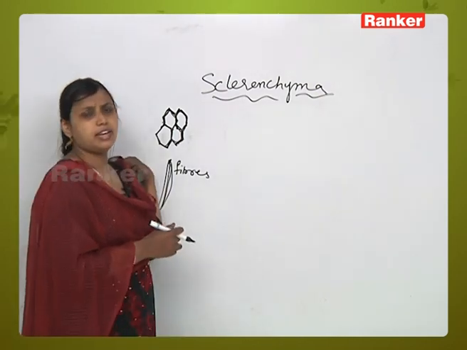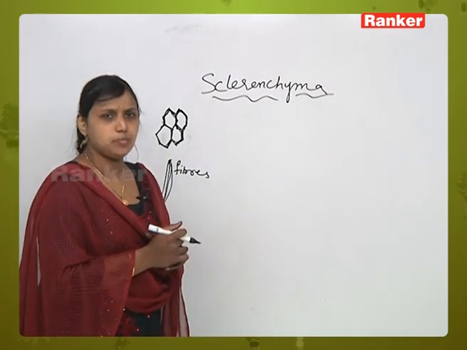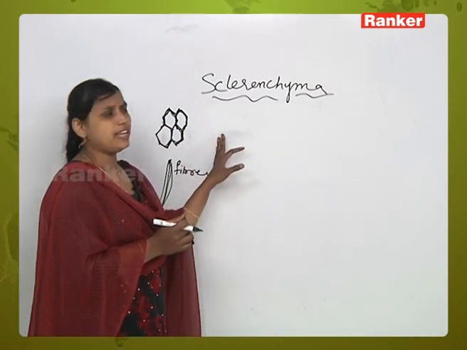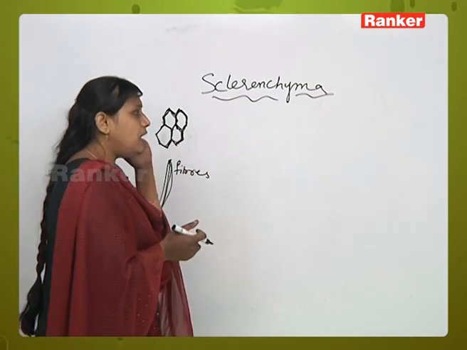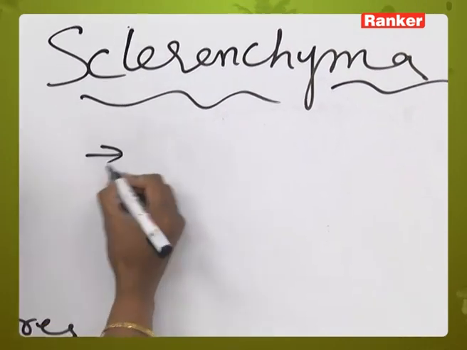Now, another important type of simple tissue we have is sclerenchyma.